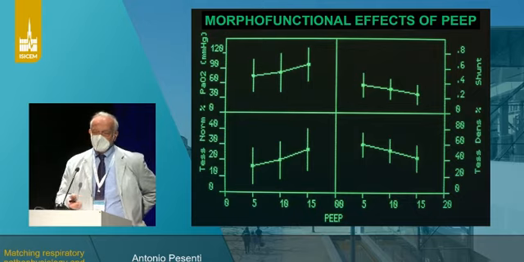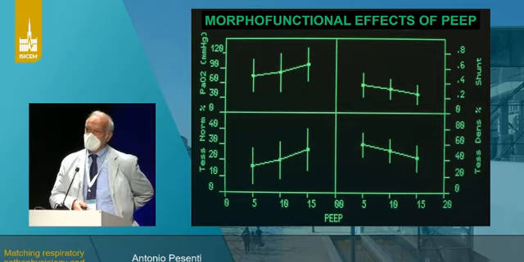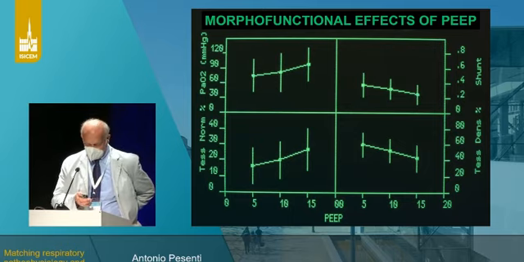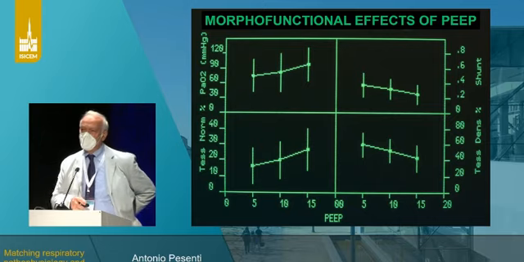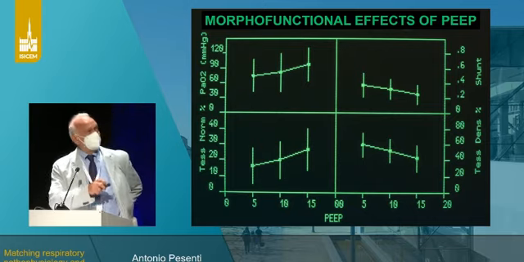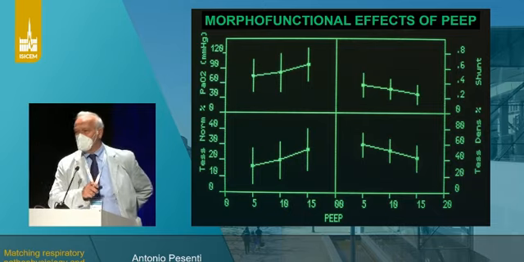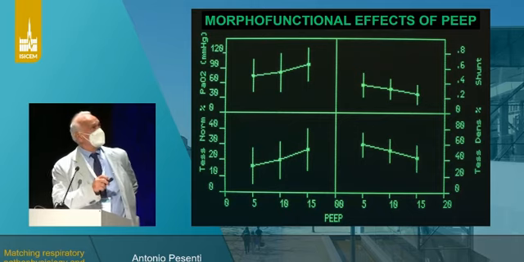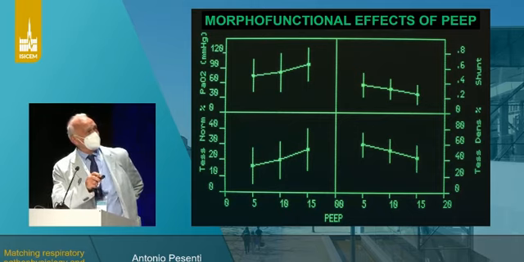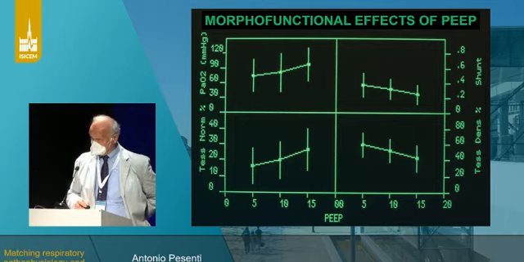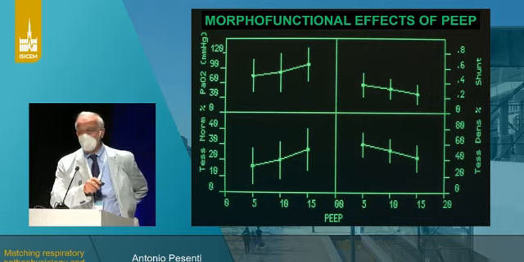Then we can discuss the amount of collapsed lung or the amount of ventilated lung. And we see that gas exchange largely follows this pattern. PO2 follows the amount of ventilated tissue, while intrapulmonary shunt follows the pattern of densities.